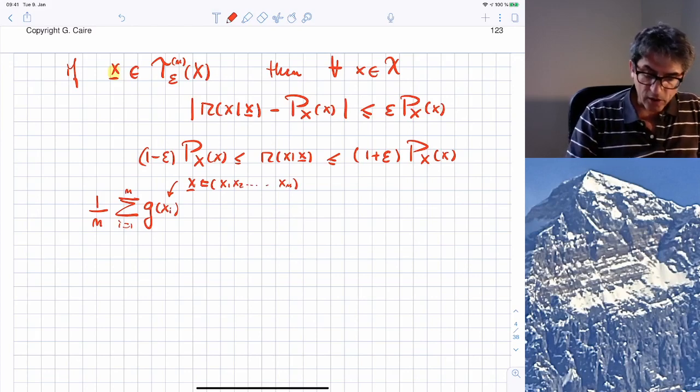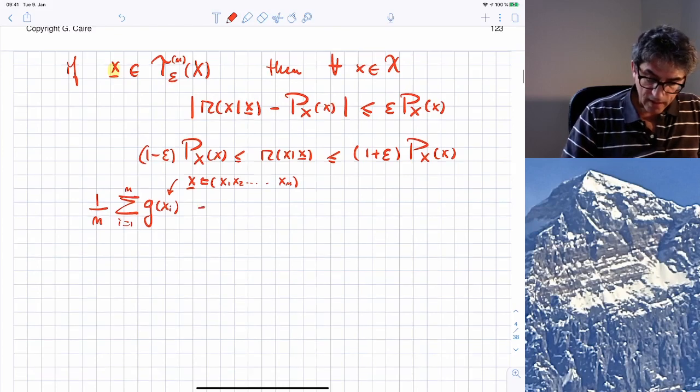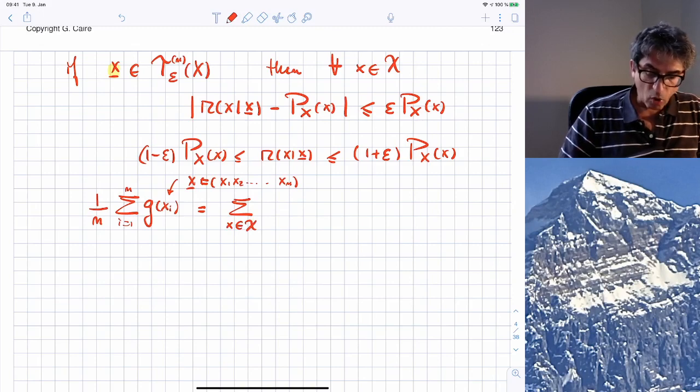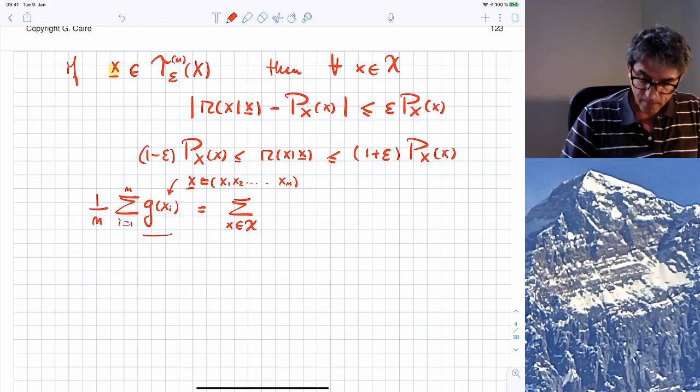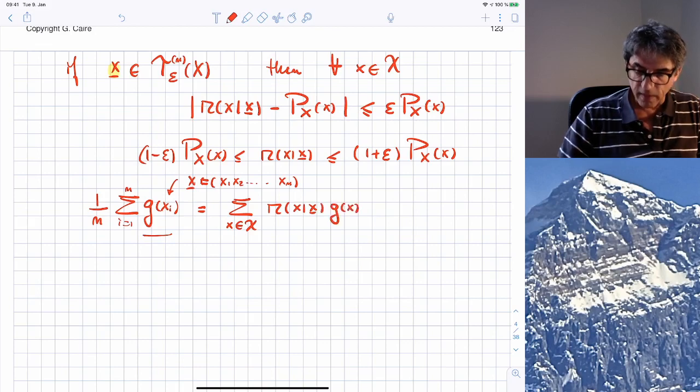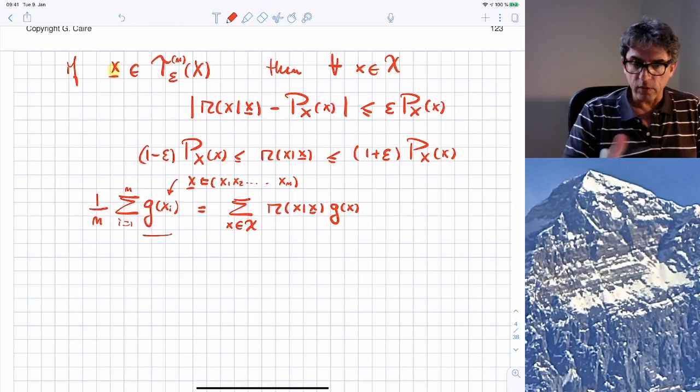Now I can rearrange these values and write them as a sum over the alphabet: all the terms for which x_i is equal to x will give me the same value of g. So I can collect them, multiply by their multiplicity, and then divide by n. Simply by rearranging terms and collecting all the terms with the same value of g, I obtain this.